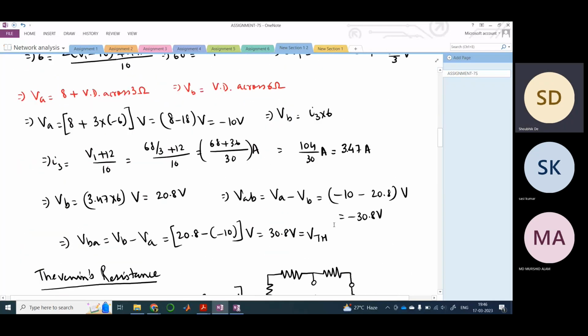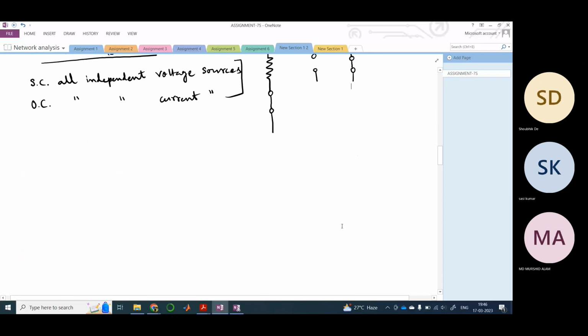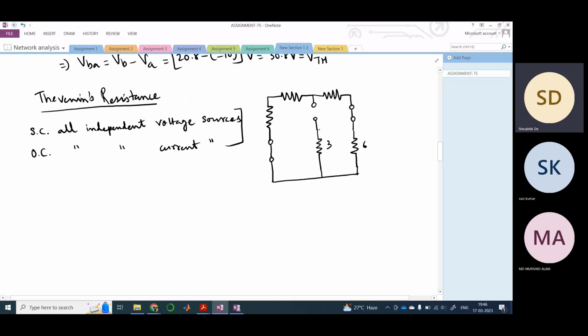And this is the terminal. So you have a resistance here, you also have a resistance here, and this is 6, this is 3, 6, and you need to calculate RTH across this terminal, right? So what is the RTH? And this is 2, 3, and 4.